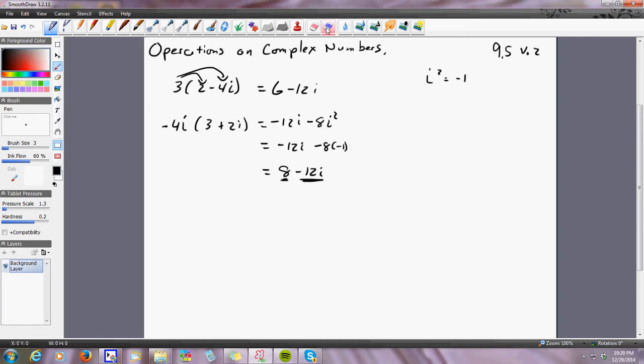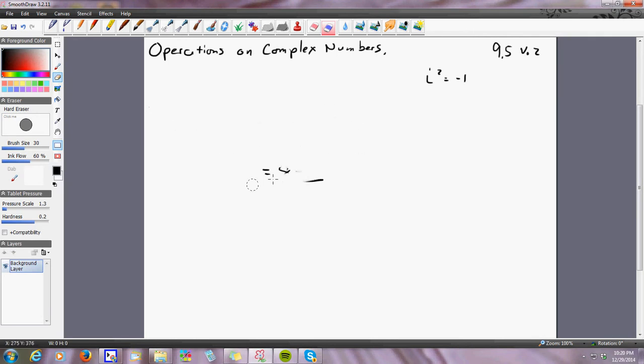But in order to do some basic operations such as addition and subtraction, it's actually really quite easy. And here's the basic rule. If I had a plus bi plus c plus di, I would add the real parts, and I would add the imaginary values.